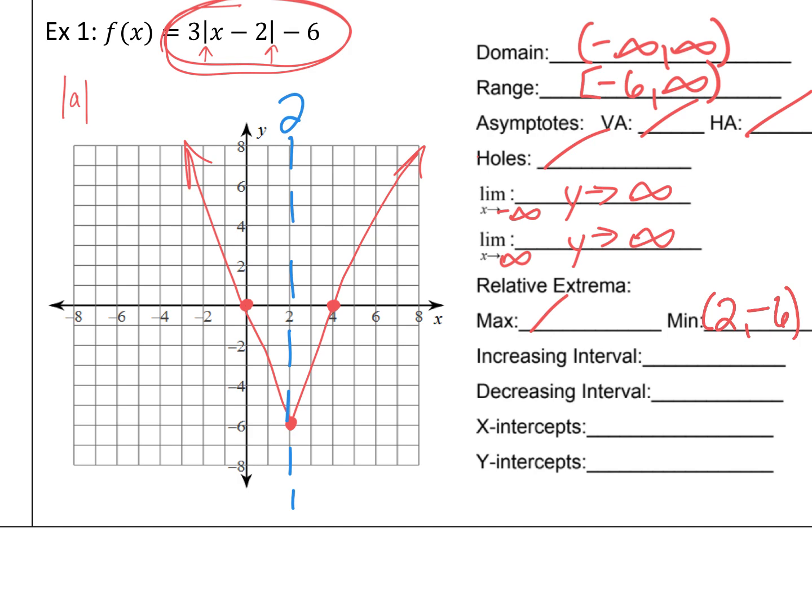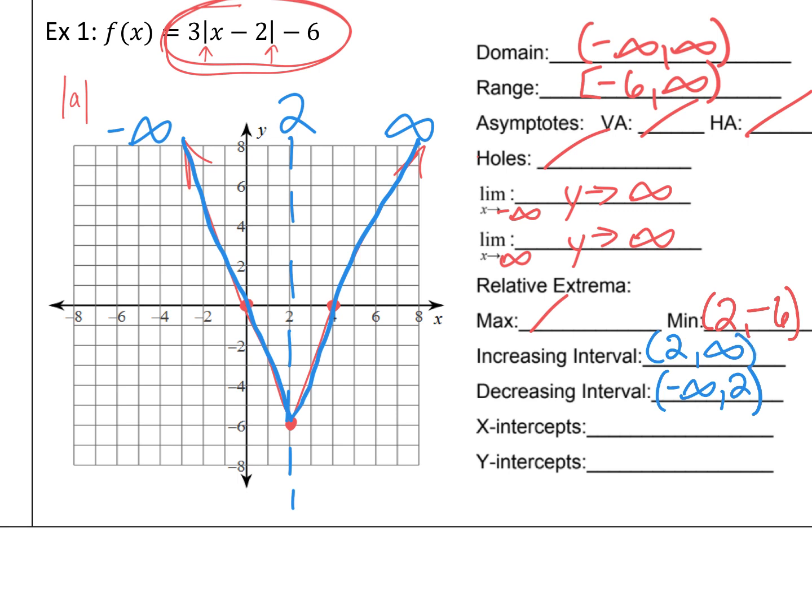So if I'm writing the x values, I know that my domain goes left and right forever, so I could label that 2, okay? And you just said we are decreasing first. So from negative infinity to positive 2, I'm decreasing. From positive 2 to positive infinity, I'm increasing.